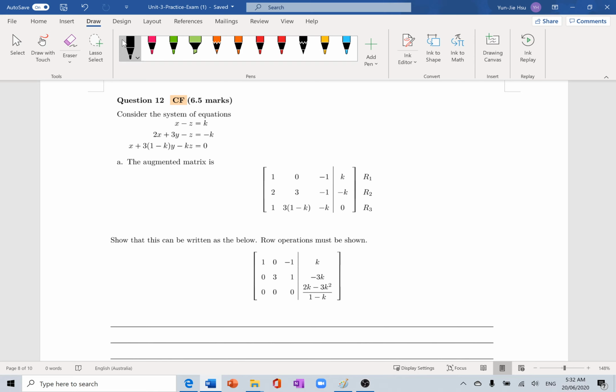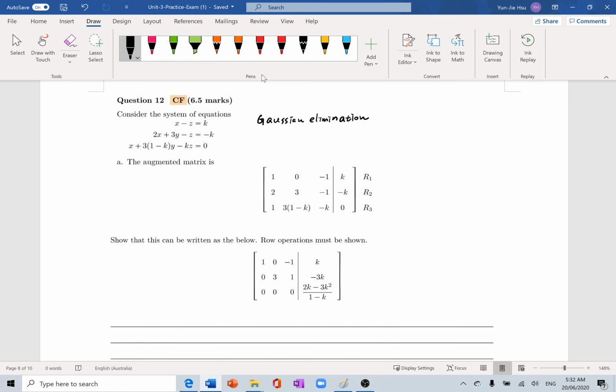This method is called Gaussian elimination. Okay, in Gaussian elimination, there are three concepts.